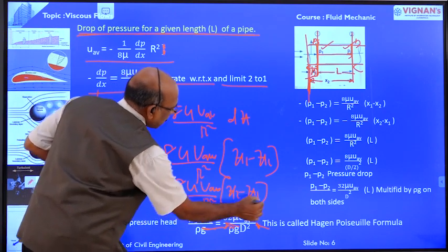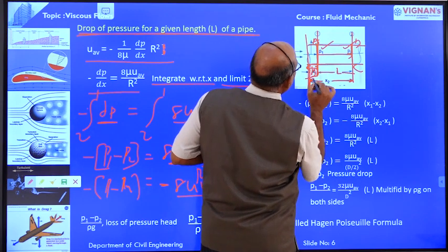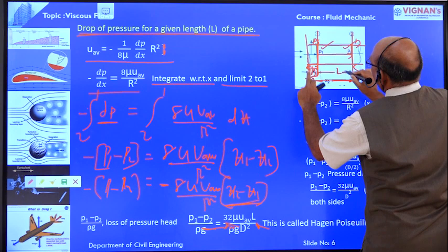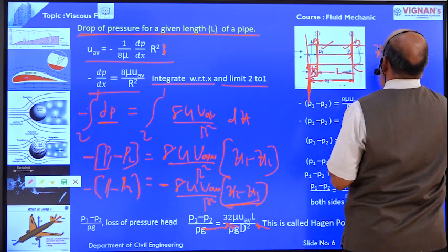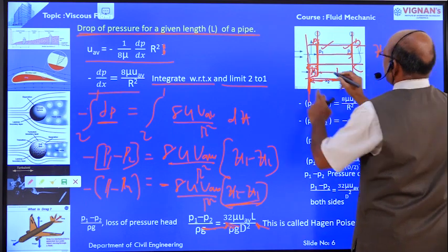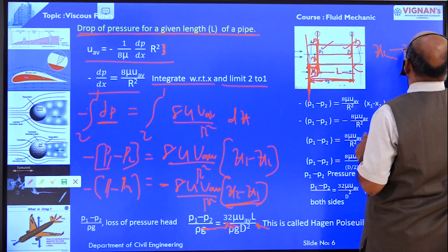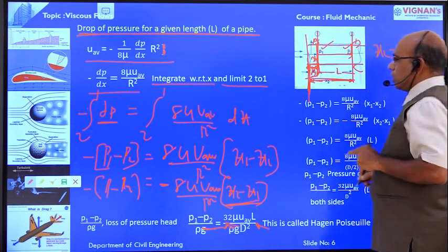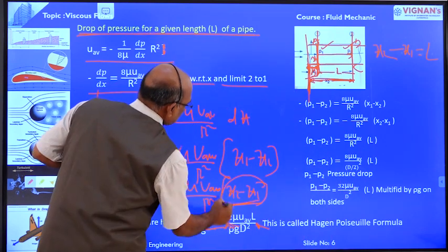This x2 minus x1 is the length L. So we substitute L in place of x2 minus x1.